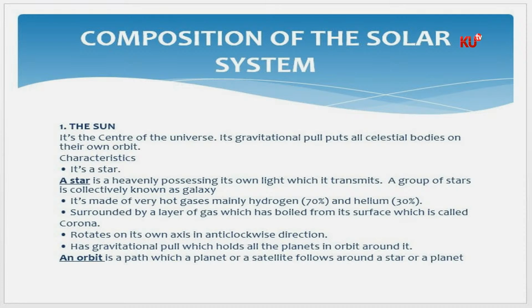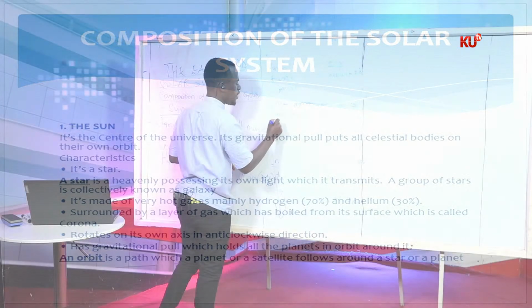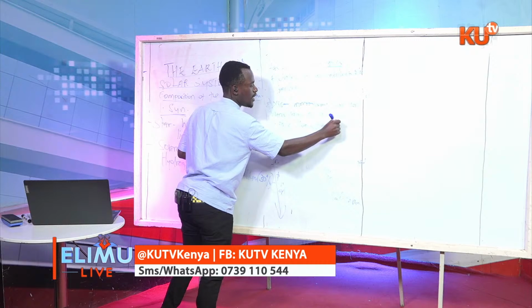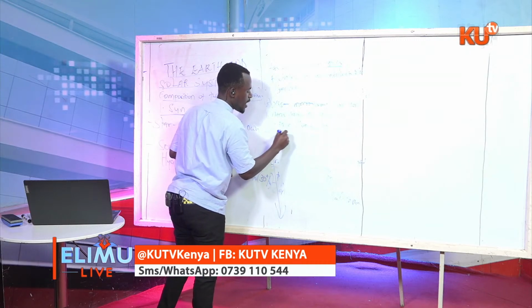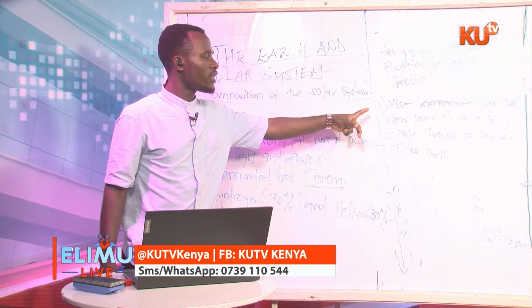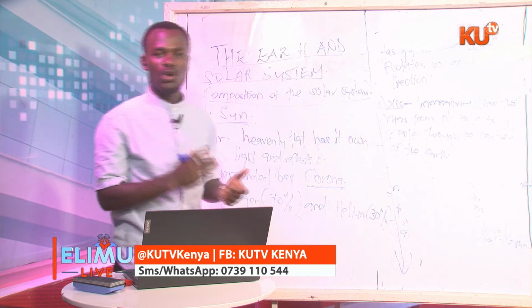I can simply say that an axis is an imaginary line that runs from North Pole to South Pole through the center of the Earth.